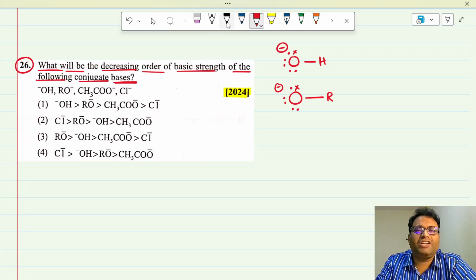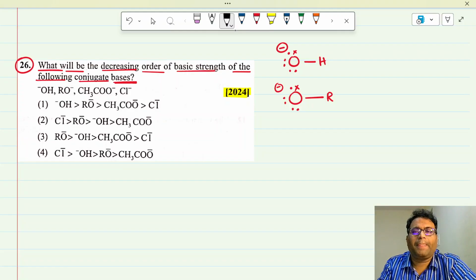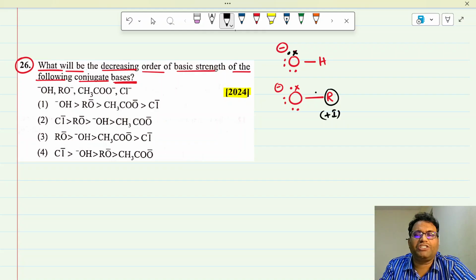In OH, there is no electron withdrawing or electron donating group. And anyway, this negative charge is on oxygen. Oxygen holds that negative charge effectively. But when compared with OR, R is what group? Plus I group. That means it pushes the electron density.